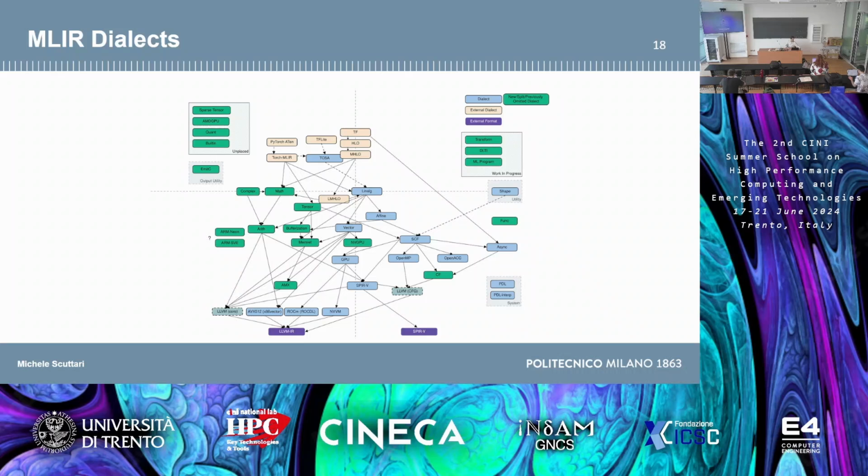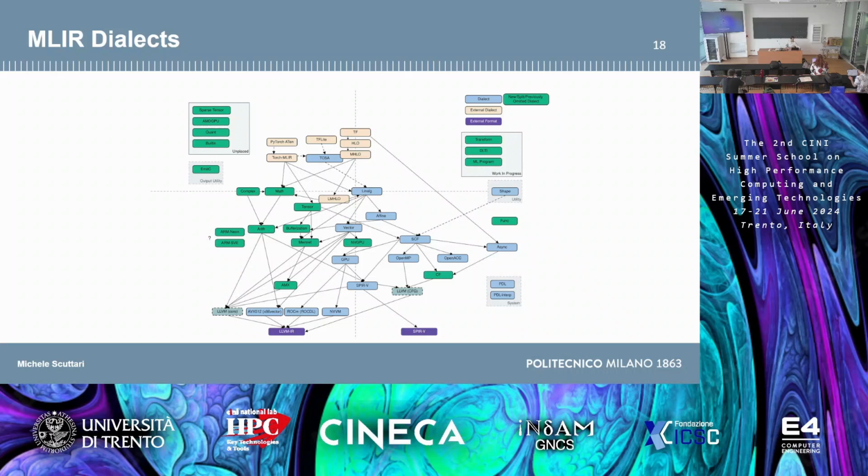What we can highlight, I think it's very difficult to see, but when the slides are shared, you can read it. The violet blocks represent the LLVM-IR.